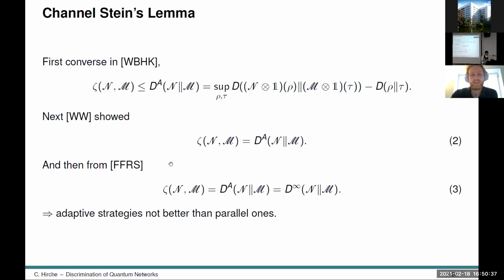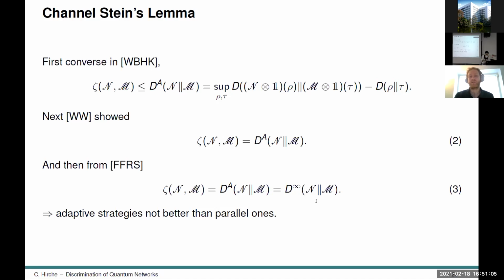But it was only later that Fang et al. showed that this amortized channel relative entropy is actually equal to the regularized relative entropy. And a direct consequence from that is that adaptive strategies are actually not more powerful than the parallel strategies I showed 2 slides ago.